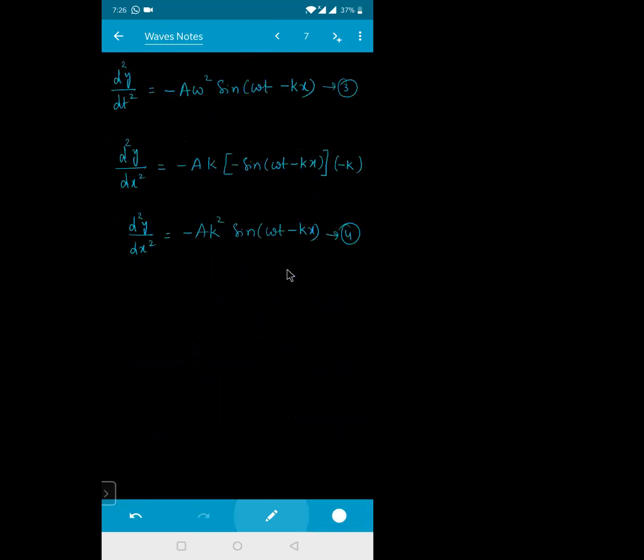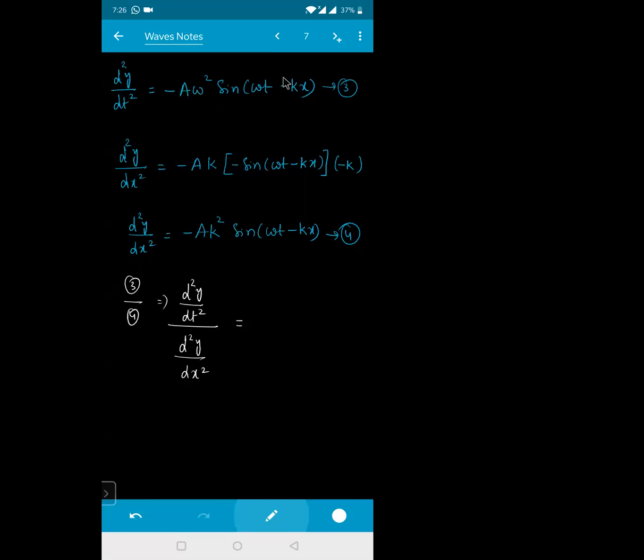Now divide equation number 3 by equation number 4. So 3 divided by 4 is d square y by dt square divided by d square y by dx square.